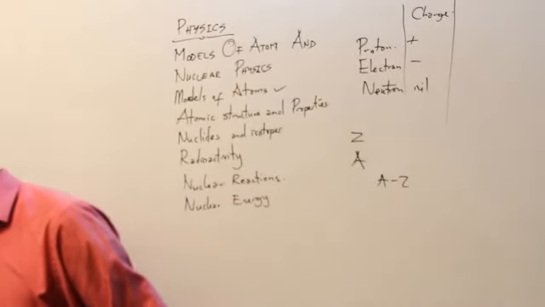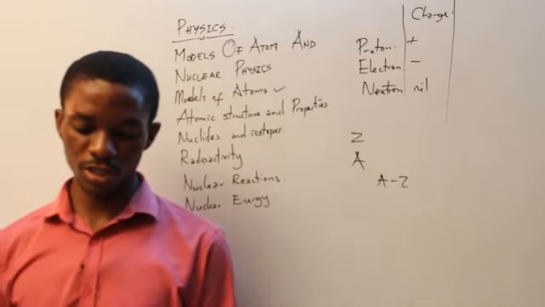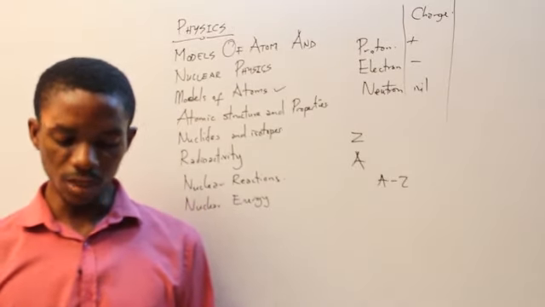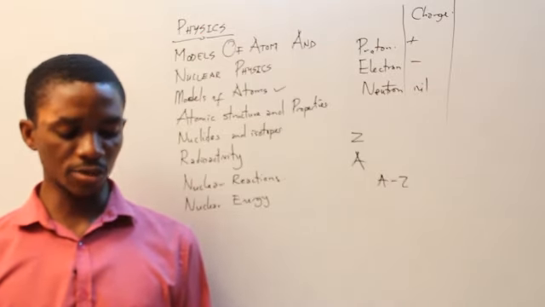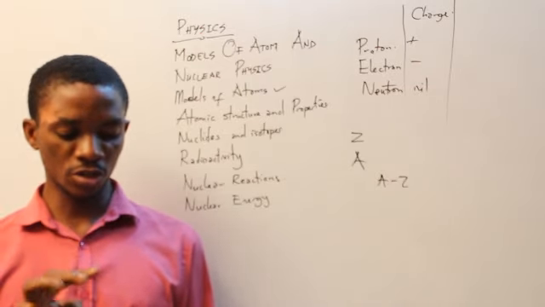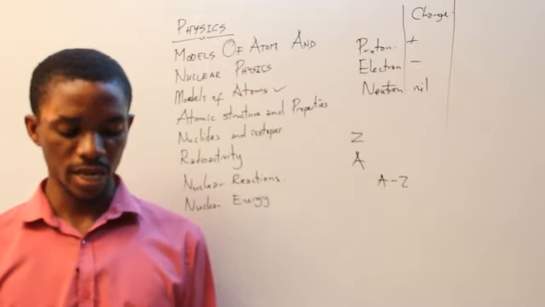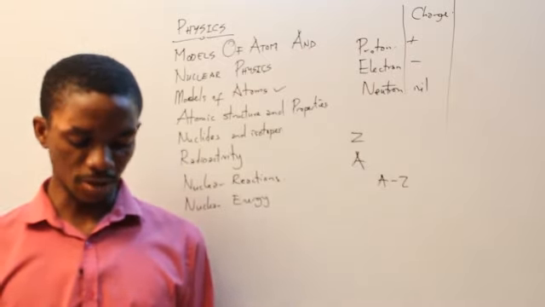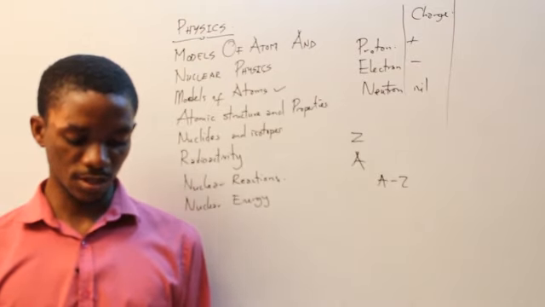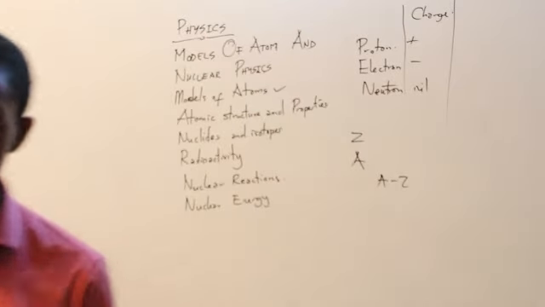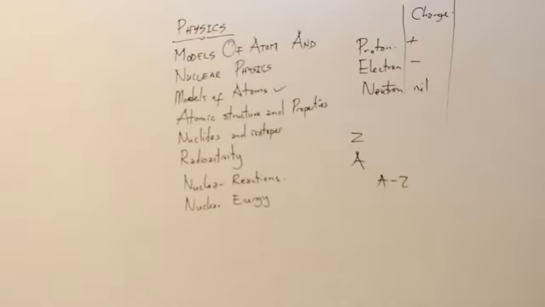From the screen, you will see the table showing hydrogen, carbon, sodium, copper, and uranium. In hydrogen we have nucleon number one and proton number one, which suggests that there is no neutron. We also have carbon that has nucleon number 12 and proton number 6, which suggests that there are 6 neutrons.